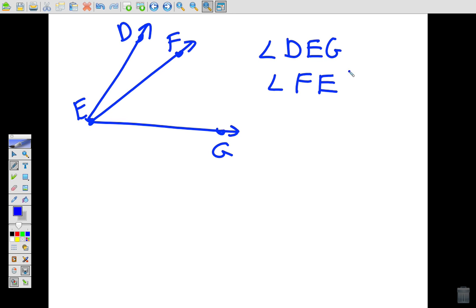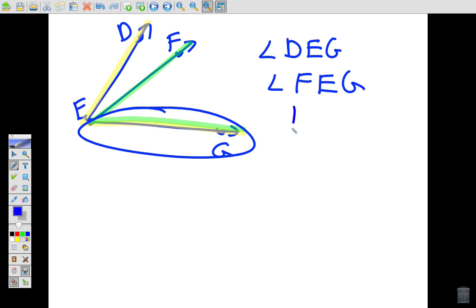Now the question is, let's see if these two angles are adjacent. So angle DEG is the whole thing, isn't it? Now angle FEG, now where's the double shaded ray? It's on the outside. So no, these are not adjacent.